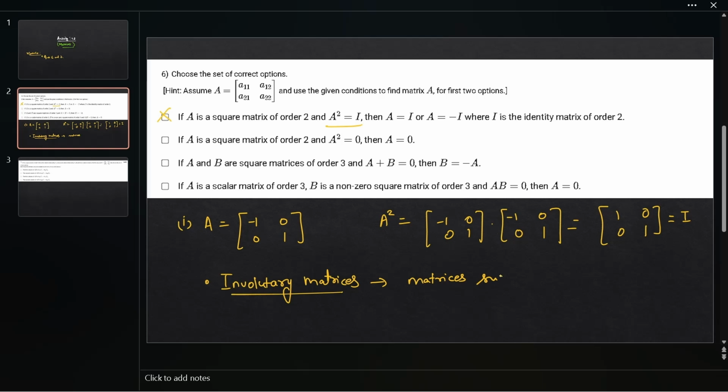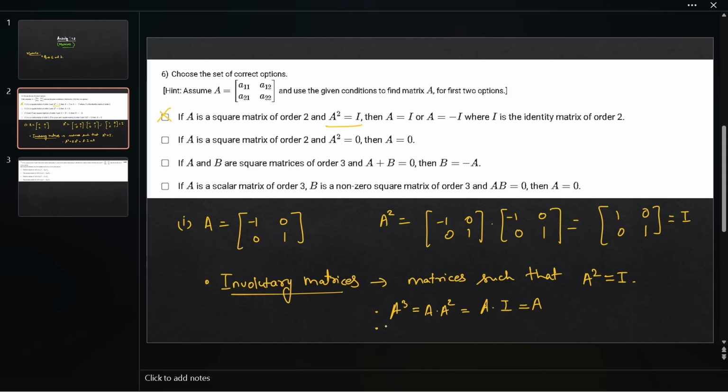Matrices such that A square is equal to I. Now, if the value of A square is equal to I, can you say something about A cube? A cube would be A times A square, and your A square was just I. So it would be A times I, which is A again.